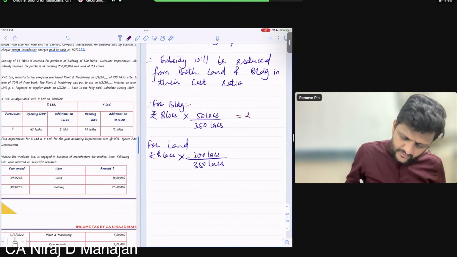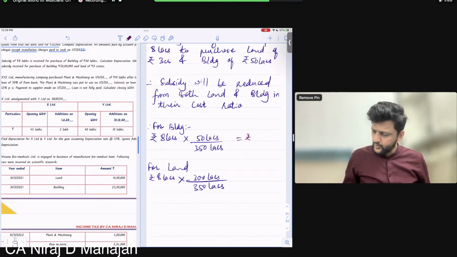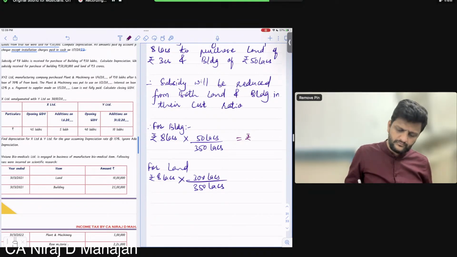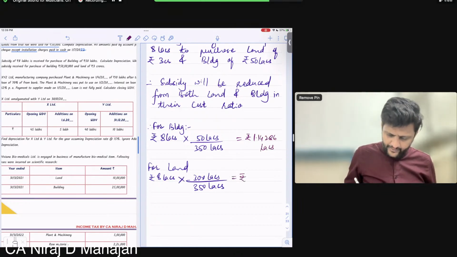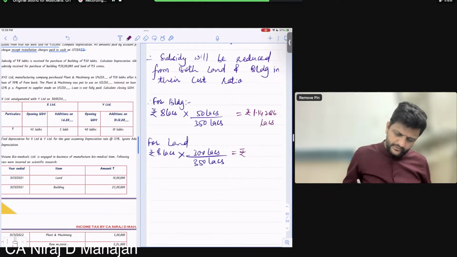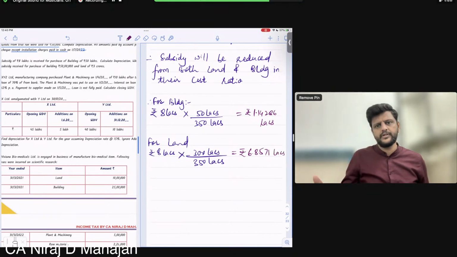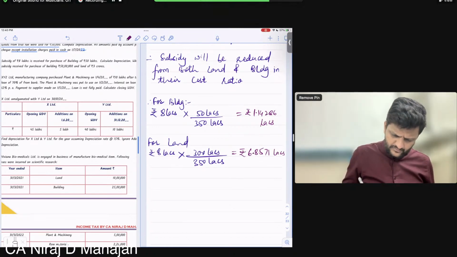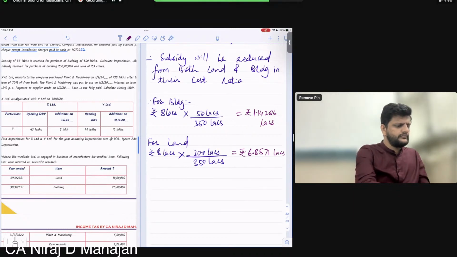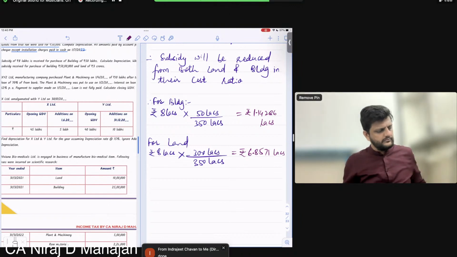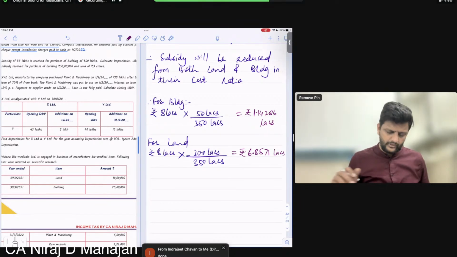It is just rupees 1.14286 something. And here rupees 6.8571 lakhs. Done till here.